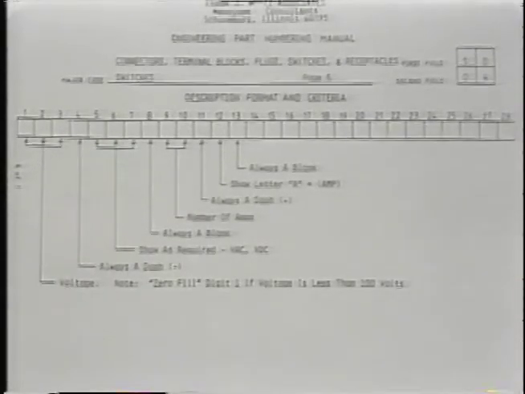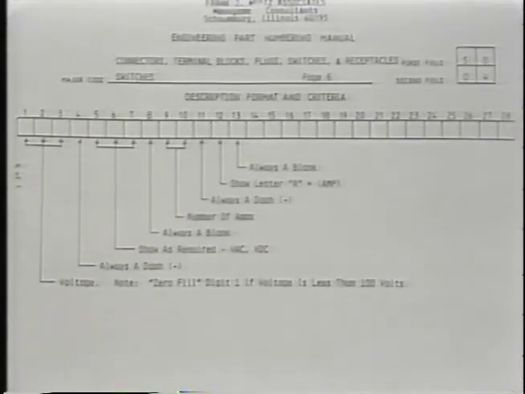And again, you notice that the second field is 04. That cross-references back to the individual part number layout. And here again, we're indicating how that particular item is developed as far as description is concerned.